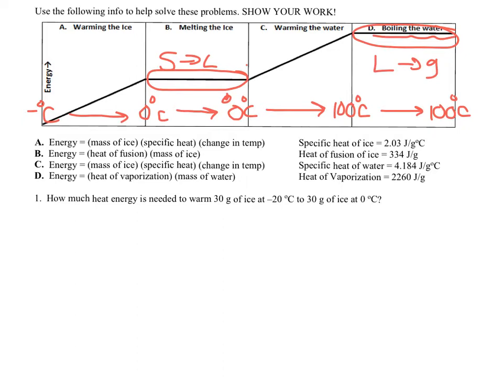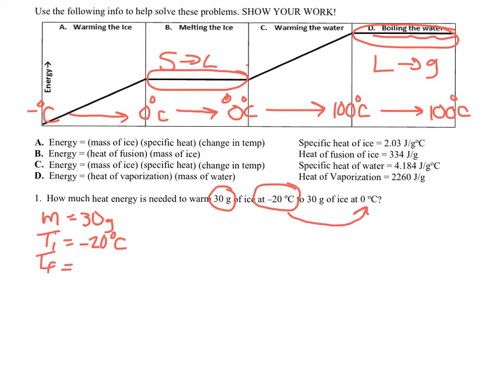So how much heat energy is needed to warm 30 grams of ice? So we've got the mass of ice already, 30 grams. And it's at negative 20 degrees Celsius. So that means that it's below freezing and it's going to heat up and stay at ice to 0 degrees. So that means its initial starting temperature is negative 20 degrees Celsius, and its final temperature is going to be 0 degrees Celsius.